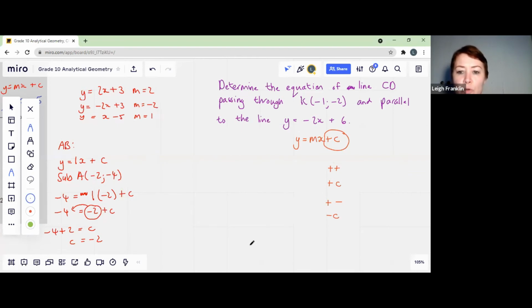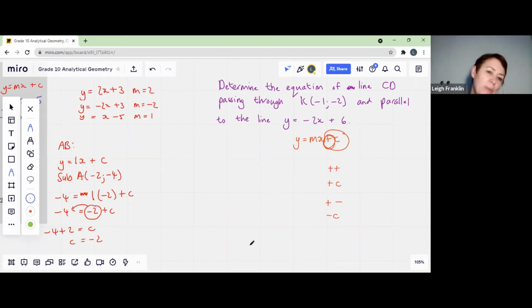So we just use plus as, how can I describe this? We have to use plus because plus times plus is plus, and plus times minus is minus. So in other words, when we want to work out the value of C, we don't want to change the sign around.